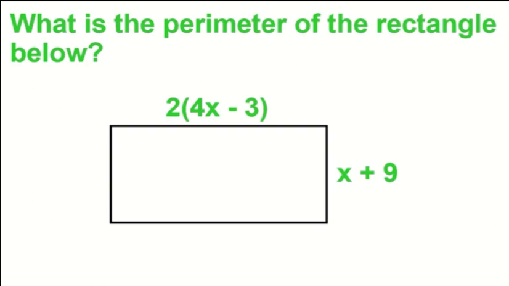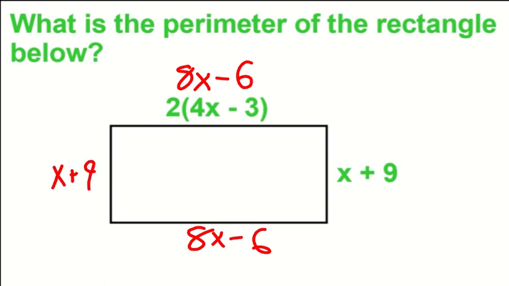All right, so the first thing we have to do, we have to distribute. All right, we're going to distribute first. So when we distribute with the length here, we get 8x minus 6. What that means, down here, 8x minus 6, and on the left side, x plus 9.